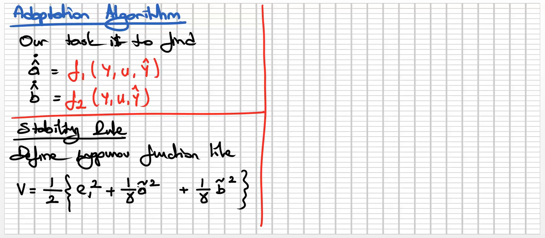If gamma is higher, then we can have a fast convergence algorithm. And how can we minimize these things? V should always be positive, and V dot should always be equal to or smaller than 0. These are the main terms to obtain the stability rule.